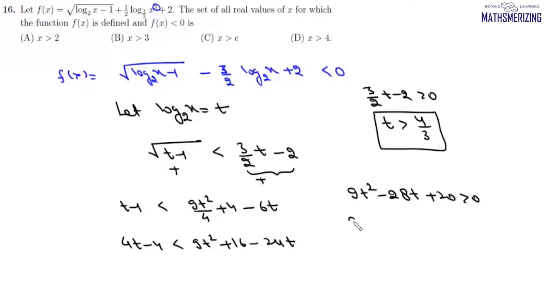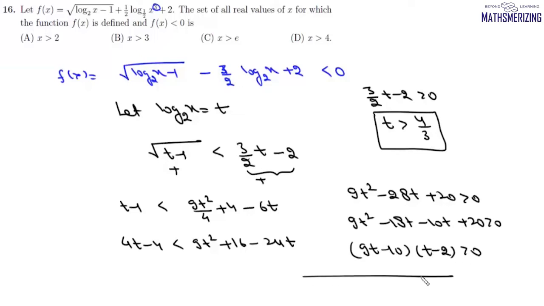Now we can factorize this as 9t square minus 18t minus 10t plus 20 greater than 0. So it will be 9t minus 10 into t minus 2 greater than 0, with roots 10 by 9 and 2, and signs plus, minus, plus. So either the value of t is less than 10 by 9 or it is greater than 2.